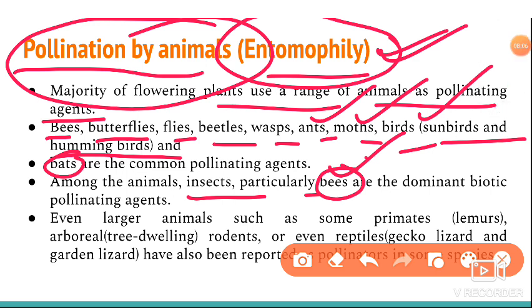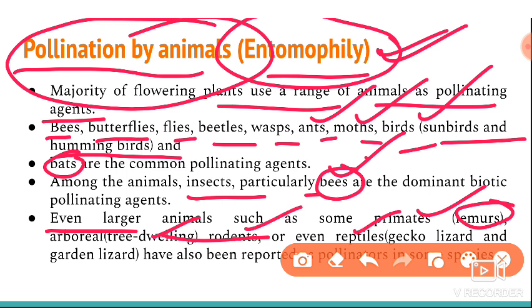See here, even larger animals such as primates, like the lemur, are given as examples. Then there are arboreal, tree-dwelling rodents. Even reptiles, like the gecko lizard and garden lizard. In some cases mammals also do the pollination; the primates come under mammals. They do it in very few cases, but the majority is with the help of bees.